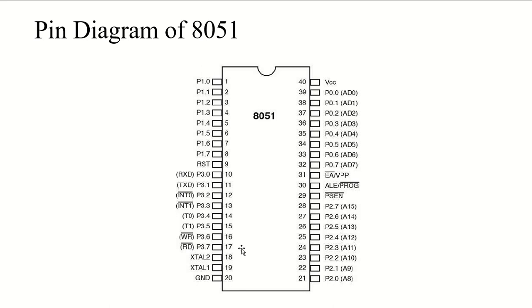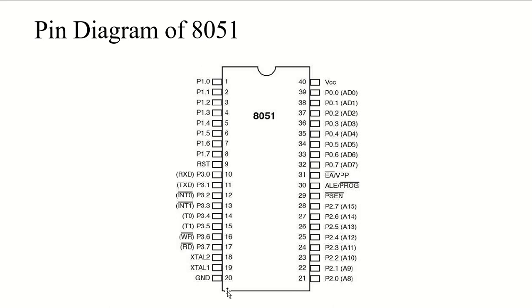These pins are used for interfacing the external crystal to get the system clock. So these two pins are used for clock signals. Okay, so this is not port 3, sorry. These two are simply clock signals. Then we have pin number 20, which is ground, right? It grounds the supply of the circuit.